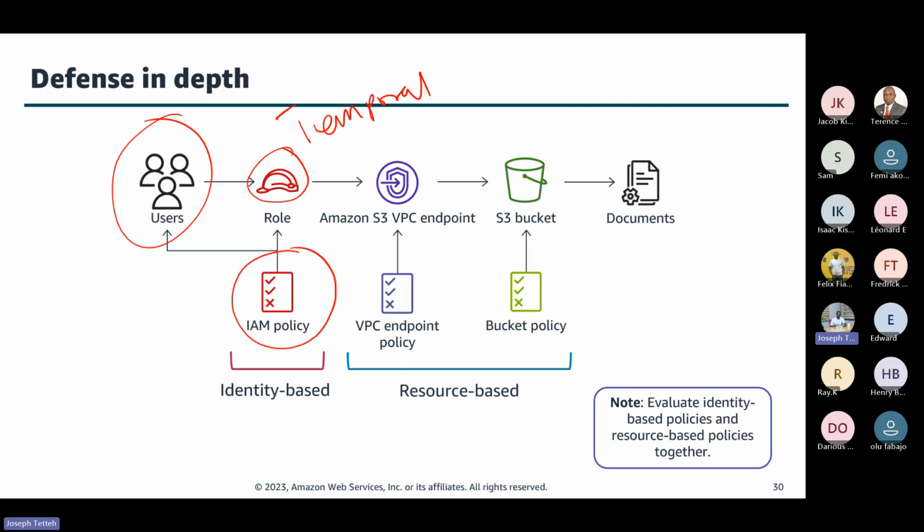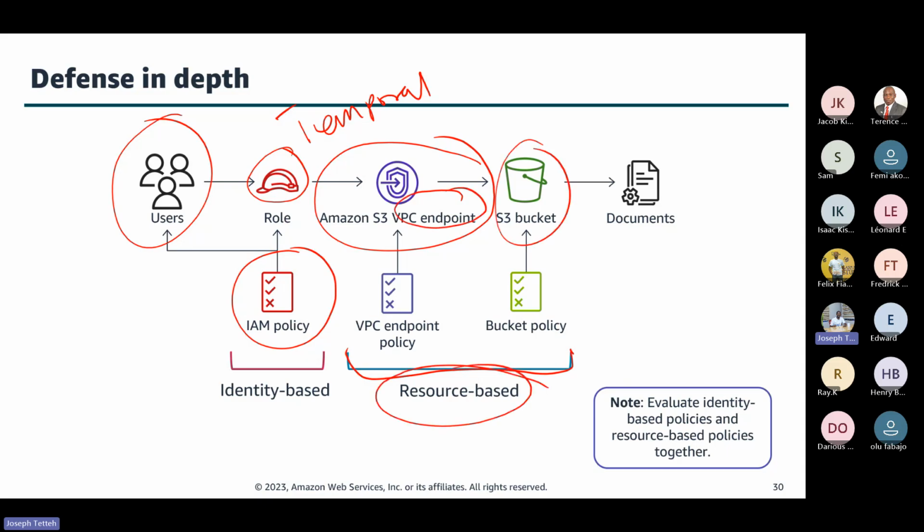The identity-based policies. So we can allow or deny access. Then when they are accessing a service, we can also control the access to a service like an endpoint or an S3 bucket. We can control it using what? Resource-based policies. So this control is like a double layer defense.